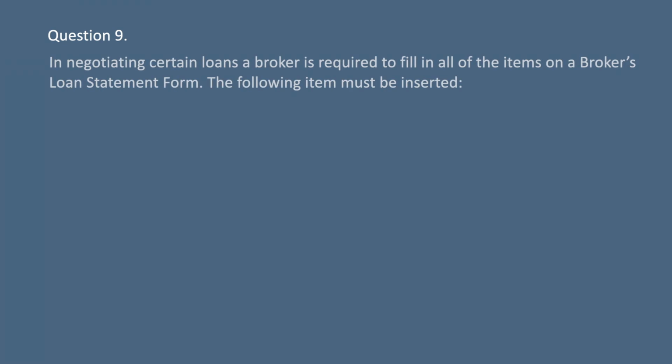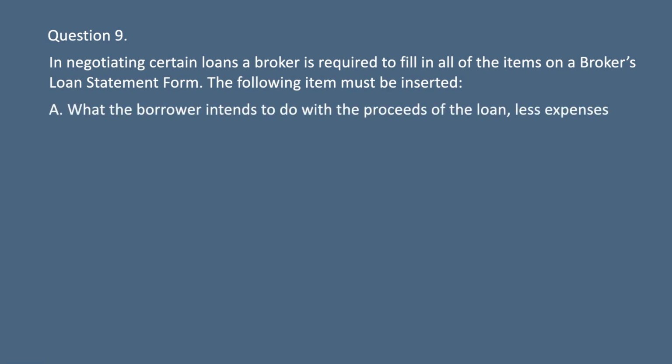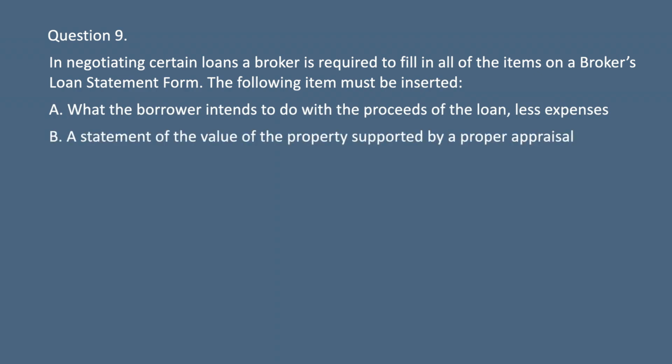Question 9. In negotiating certain loans, a broker is required to fill in all of the items on a broker's loan statement form. The following item must be inserted. A. What the borrower intends to do with the proceeds of the loan, less expenses. B. A statement of the value of the property supported by a proper appraisal.